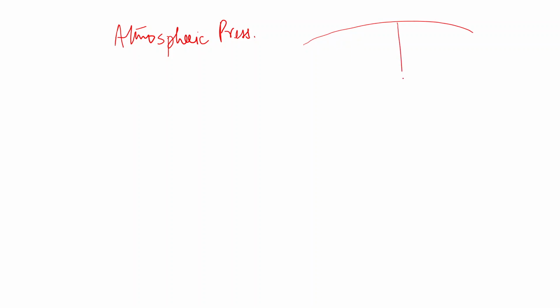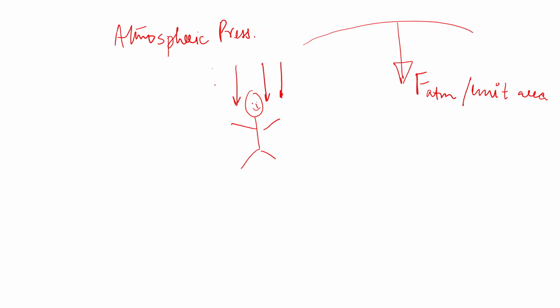It is the pressure force being applied by the atmosphere per unit area. Even as we are standing on the earth, we have the entire pressure of the atmosphere on our shoulders, on our head.